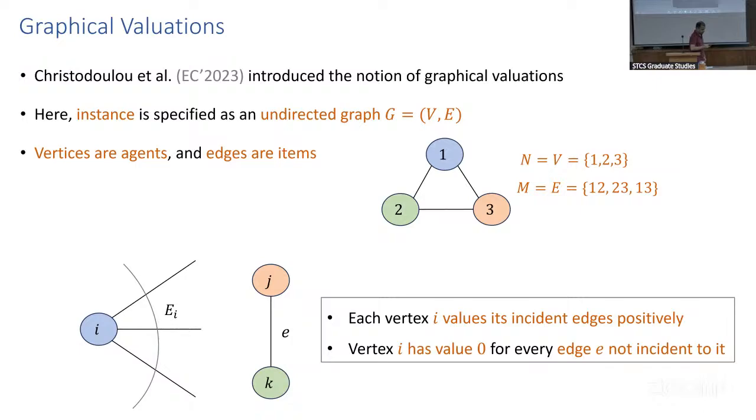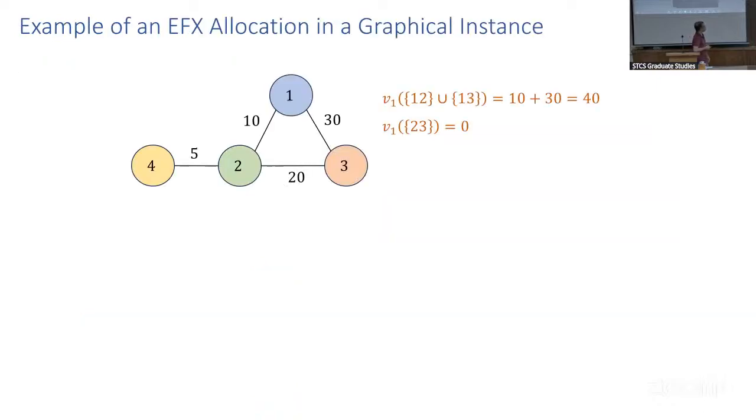Okay, so under these assumptions, let us look at an example of an EFX allocation. Consider this instance where the edge weights represent the values that the vertices have for the edges. For example, edge 1,2 has value 10 for vertices 1 and 2. This edge 2,4 has value 5 for 2 and 4, and so on. And I'm assuming additivity again here.